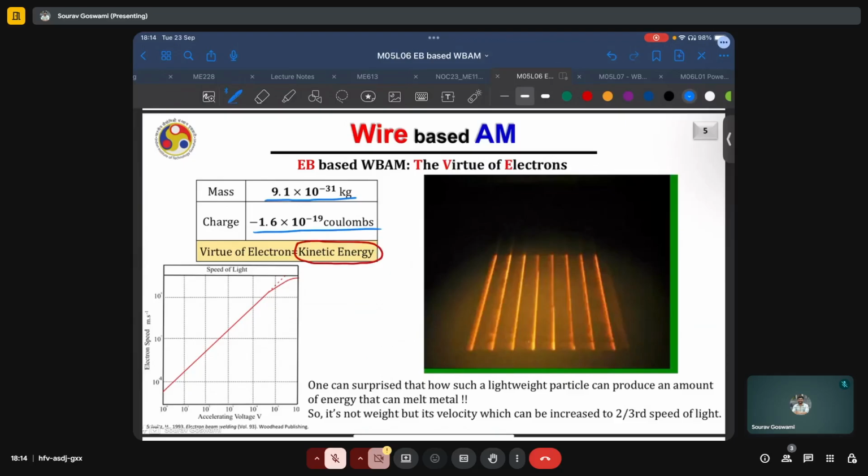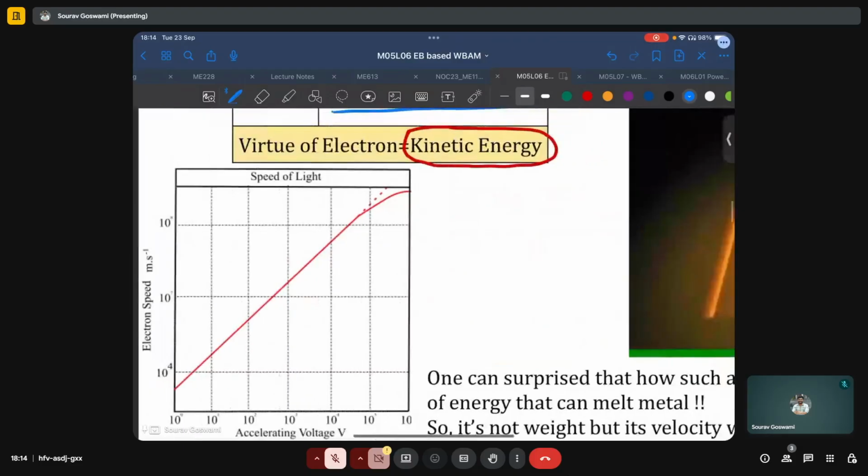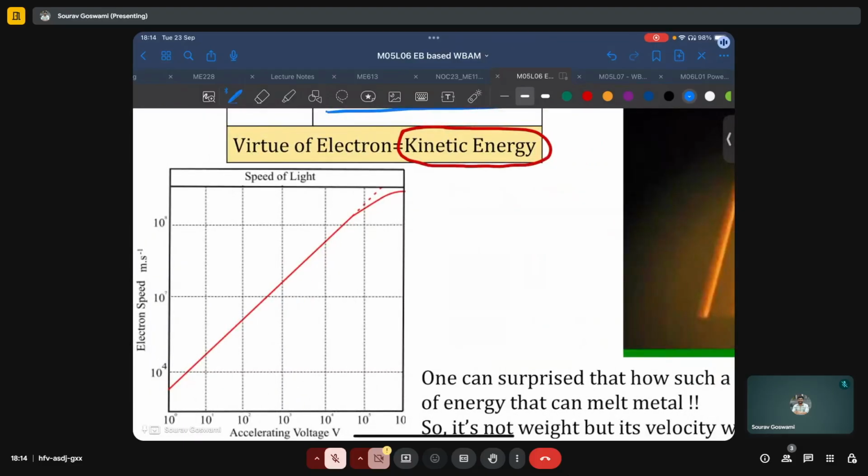As we already observed, electrons have very low mass and thus they can be accelerated to very high speeds. There's this plot here which shows how, based on the accelerating voltage to which a beam of electrons is subjected, what speeds it can achieve.